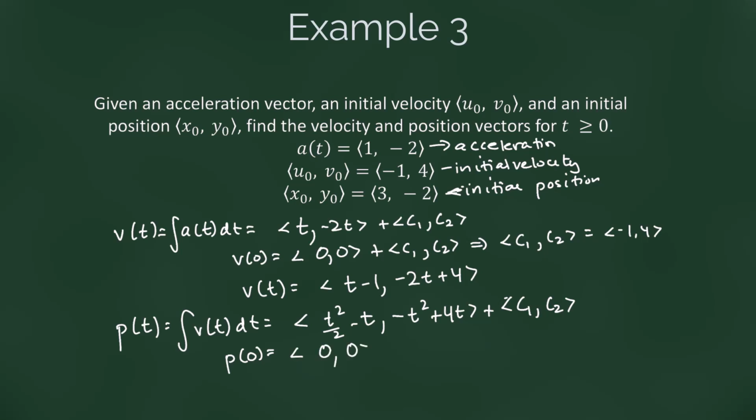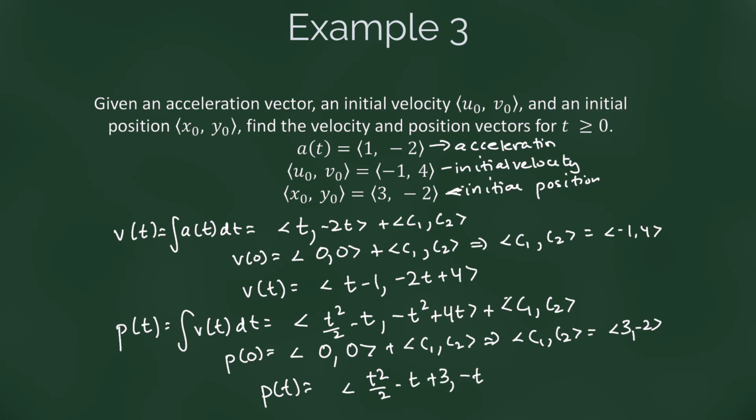We get 0, 0 plus c1, c2. So again, we see that c1, c2 must be equal to our initial position, which is 3, negative 2. And so our final position vector is going to be the vector t squared over 2 minus t plus 3, negative t squared plus 4t minus 2.